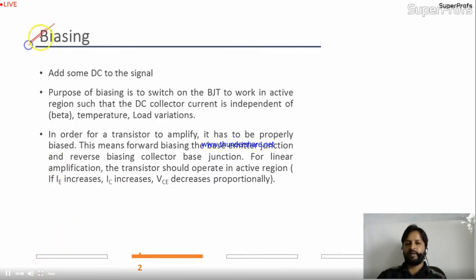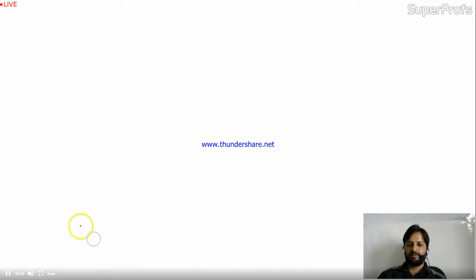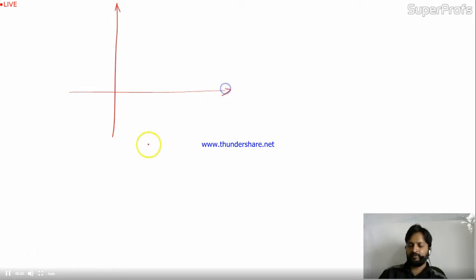Now we'll come to the biasing, and before biasing let me tell you one thing. It's related to the amplification. Okay friends, suppose you have the output characteristics of some device. Let's take the BJT itself, or let's take a diode. This is the current in the diode, this is the VD across the diode.